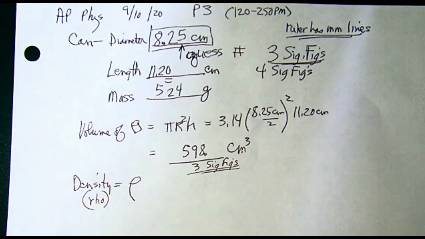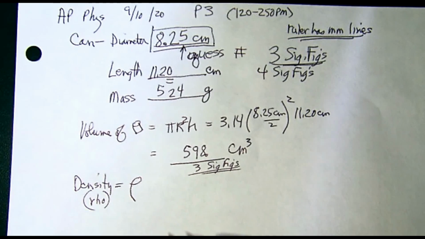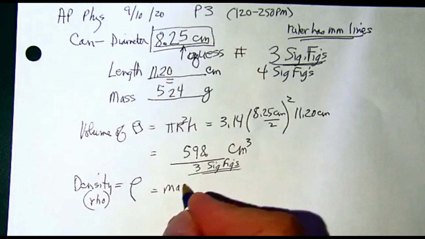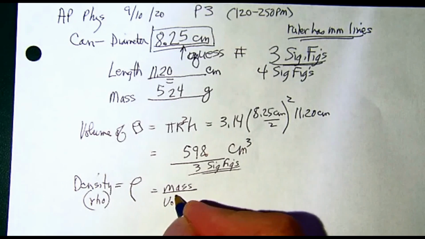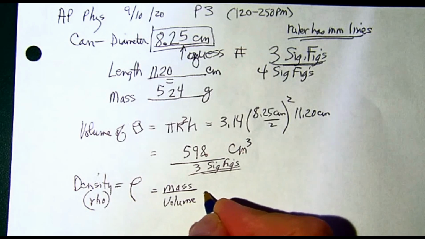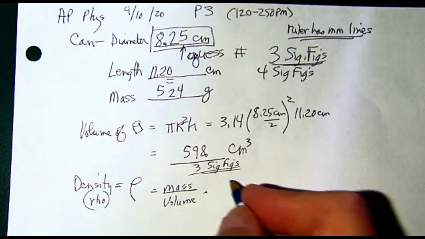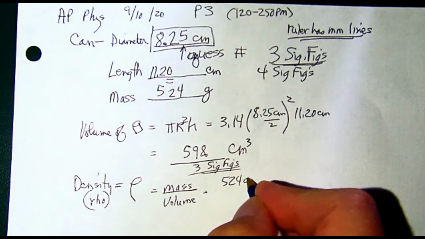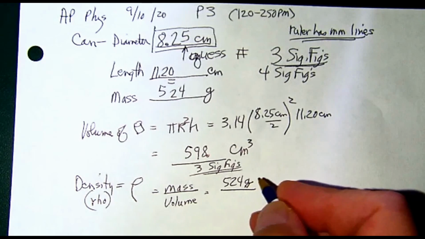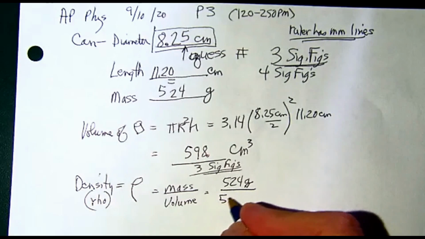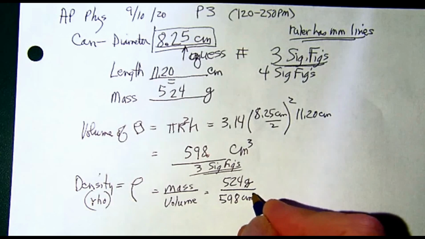So I'd like to find out its density. We need to take the mass and divide it by the volume. The mass I have from up above, 524. You can do this for your own. Divided by the volume we've just calculated, 598 cubic centimeters.